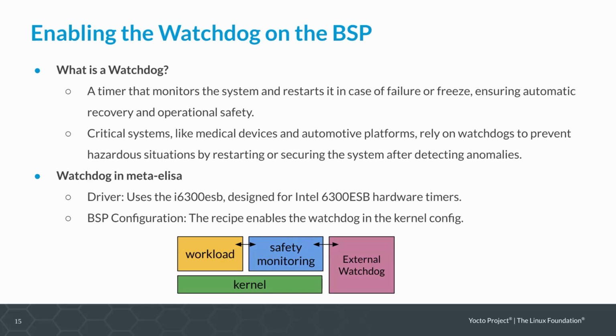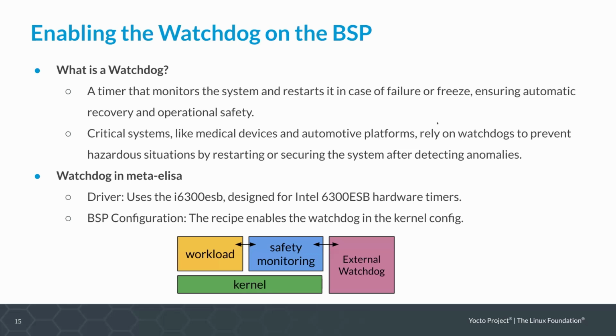In the microcontroller space, this is very common. In Linux, we also have applications with watchdogs, but it's a little bit less common. So for this guideline with ELISA, the external watchdog is very important for us.